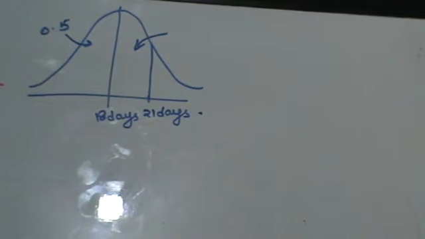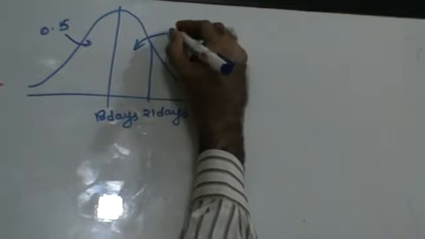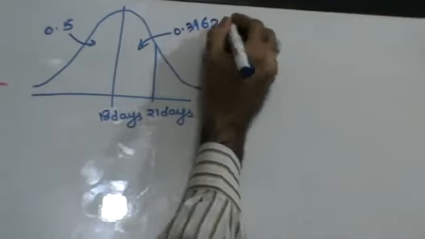So you will get 0.3962. So this area is 0.3962.